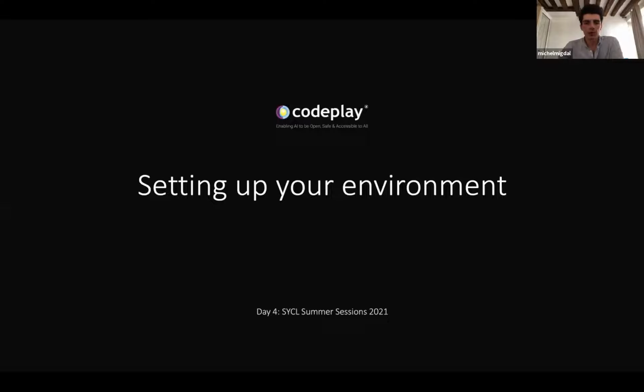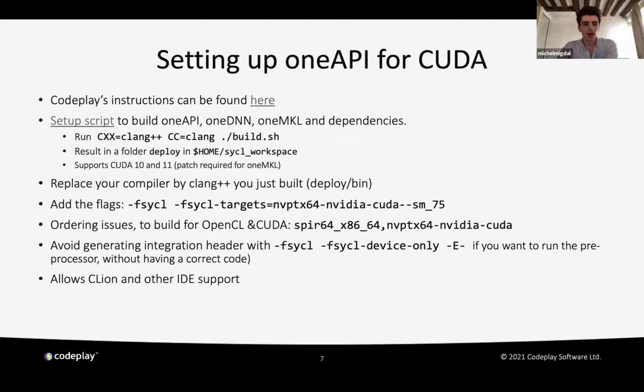So after a quick introduction on my work at Codeplay, I will present very summarily how to set up a DPC++ environment with oneAPI support for CUDA and cuBLAS. The instructions aren't very clear online because there are a lot of parameters that are not documented, especially for oneDNN and oneMKL.